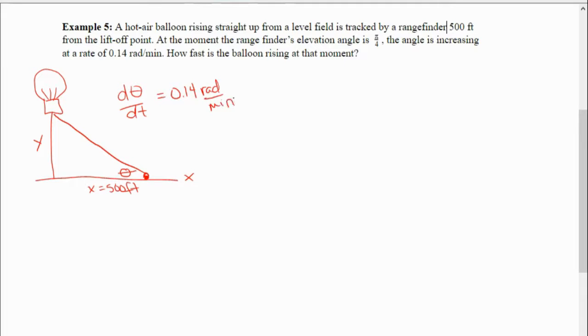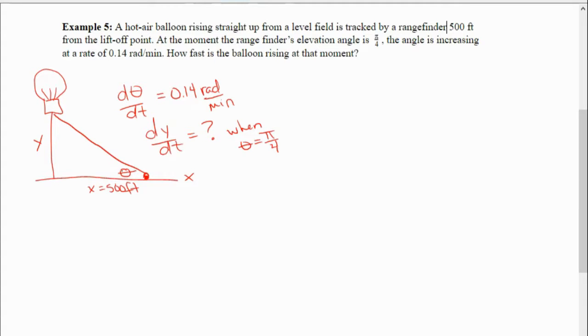And then they want us to find how fast the balloon is rising. So we want to know what is the change in y, dy dt, when theta is pi over 4? So that's everything this problem has told us.